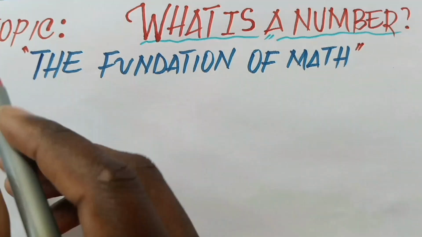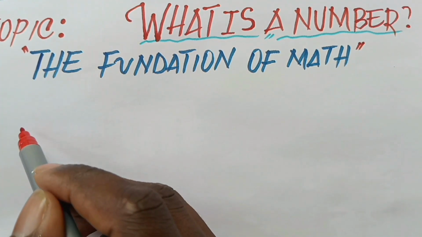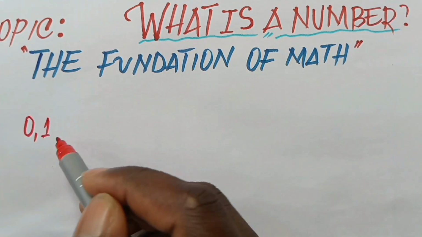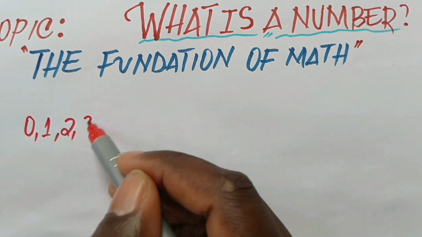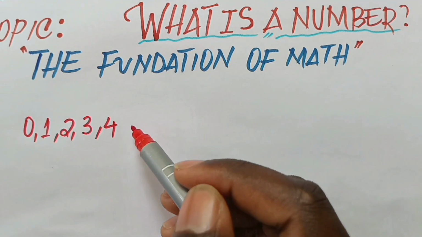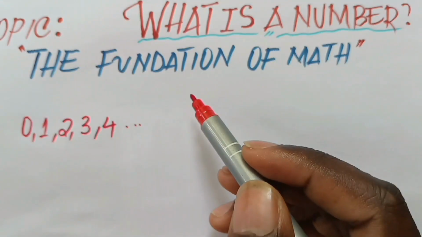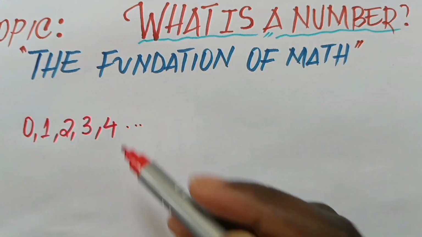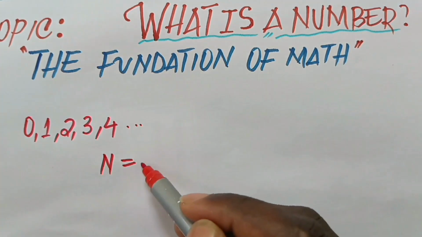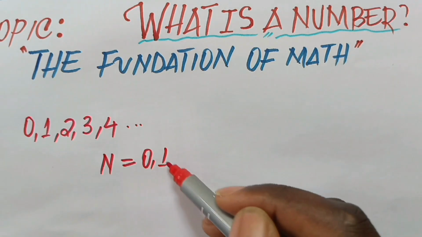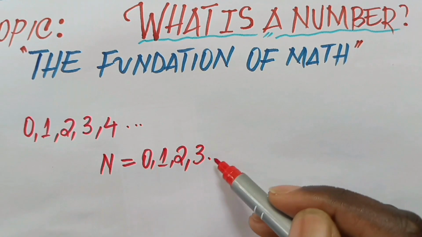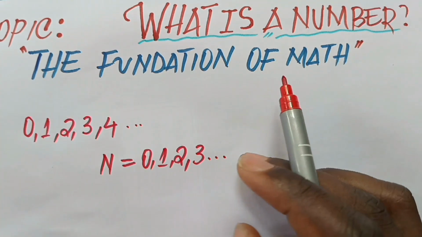For example, I can write here 0, 1, 2, 3, 4, and so on, forever. We write this as N, and I can write here 0, 1, 2, 3, and to infinity.